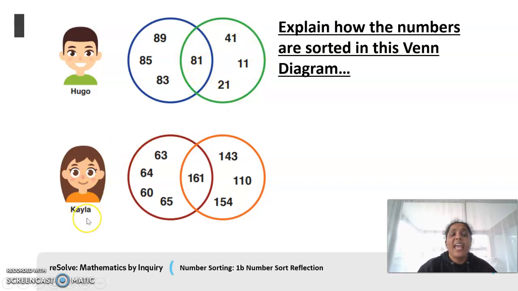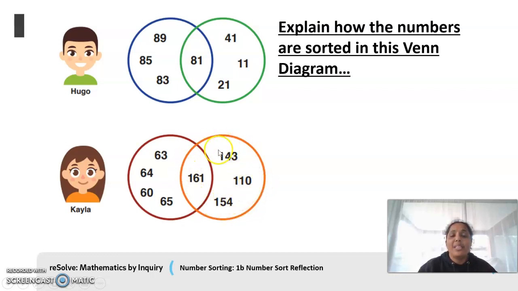You then have Kayla, and Kayla has a larger number. She has 161. 1 at the beginning of the number represents 100. She has found similarities in numbers like 143, 110, 154.